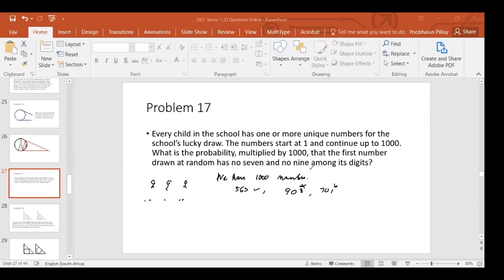So now we need to know, if you want to have the probability, you want to know how many numbers are there altogether which have no 7s and no 9s. That is the question. How many numbers in this set here, 1, 2, 3, all the way up to 1,000, how many of these have no 7s and no 9s?